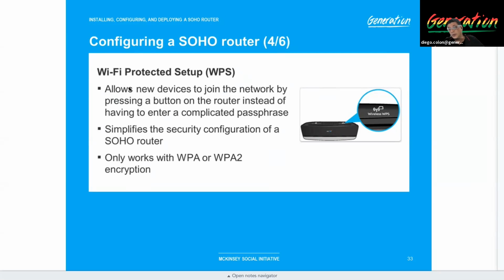So we have WEP, even up to WEP Enterprise. You can set the WEP Enterprise on the SOHO routers. Now, this is WPS, and it facilitates the process and eases my wife's torture. If she knew that she could turn that on, she could press that button and would not have to put in that long password she is never going to remember.